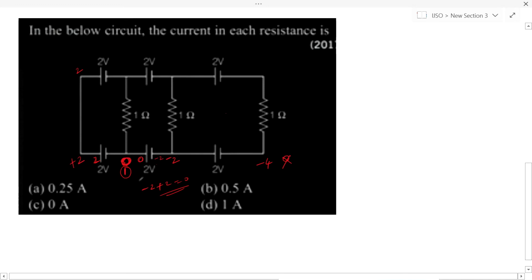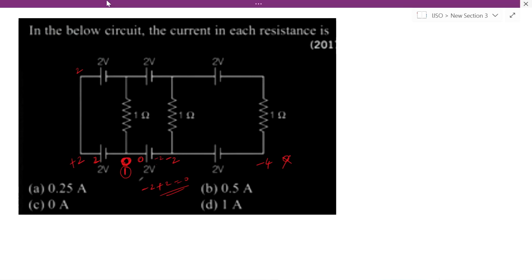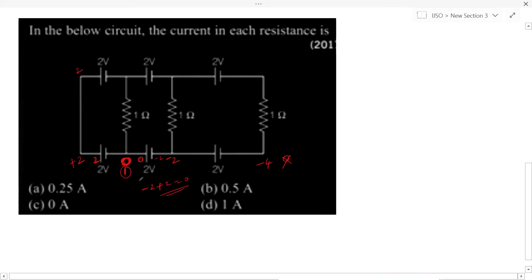So how did you do it? The outermost resistor, this has to be voltage 0, correct? This will be minus 2 and this will be minus 4.